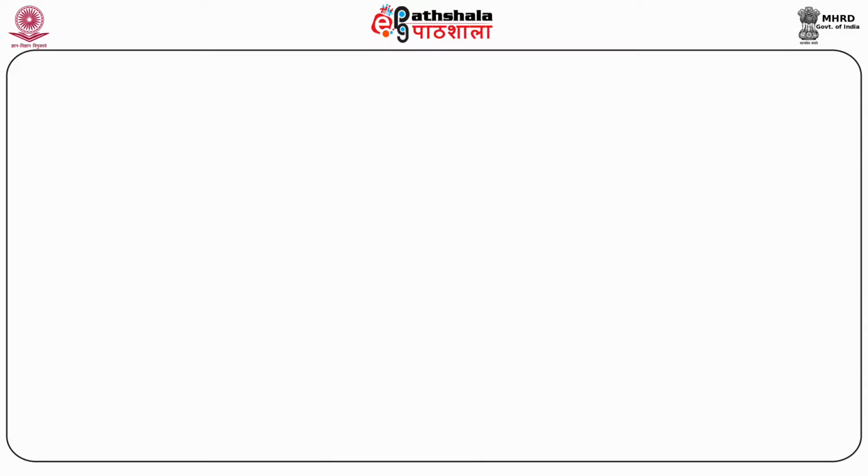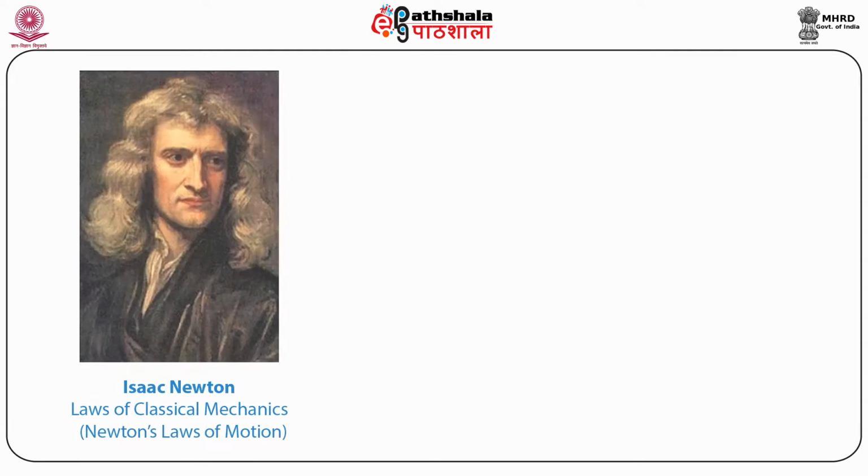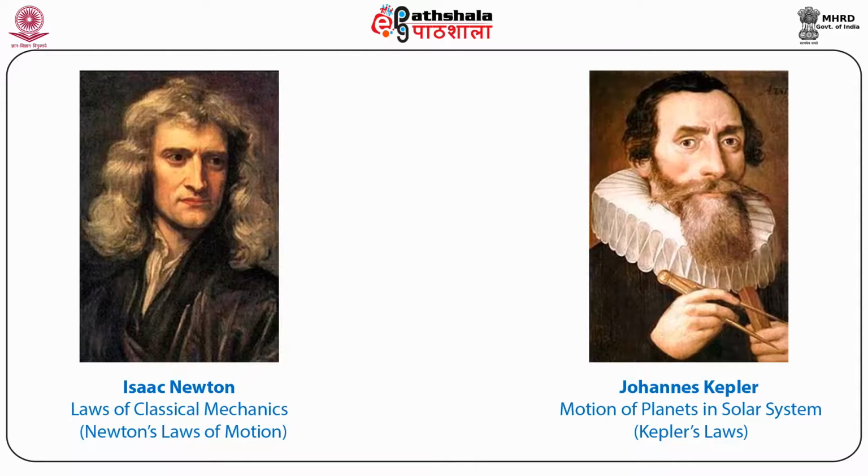Now, students, before we proceed further, let us see the photographs of Newton and Kepler. These are two very important people who developed classical physics. As you know, Newton has his laws of motion, and the entire classical physics is based on Newton's laws, and Kepler applied these laws to study the motion of planets around the sun.